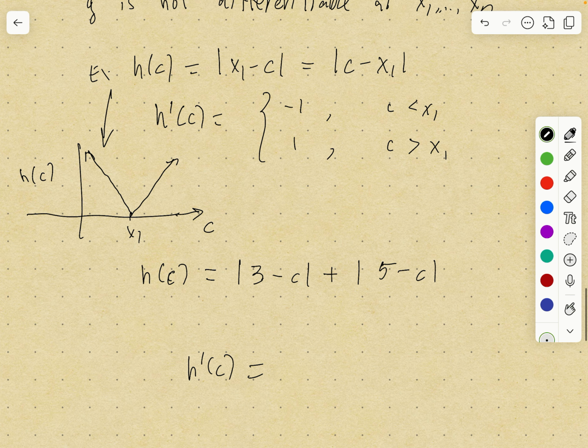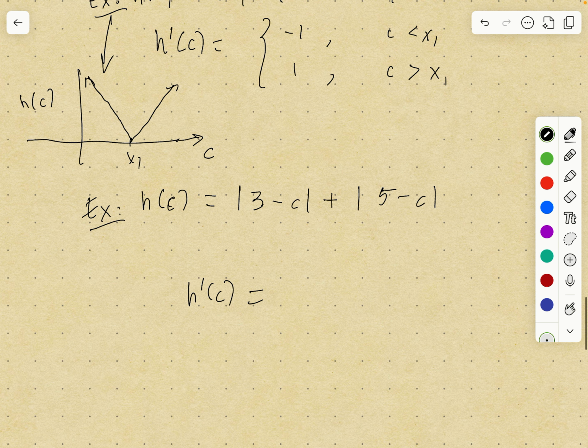Suppose that c is less than 3. If c is less than 3, then h is differentiable at c. And what is the derivative going to be?